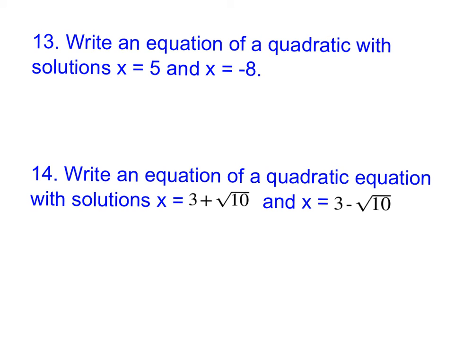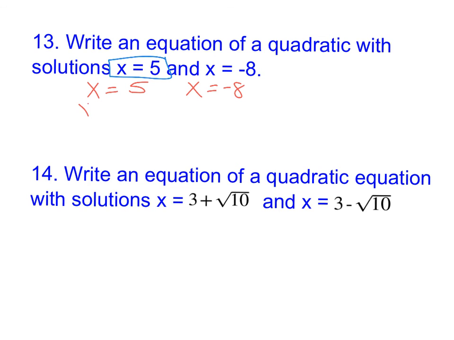All right, last one. Write an equation of a quadratic with solutions x equals 5 and x equals negative 8. All right, so if we're writing the equation, if x equals 5, what was the factor? So remember, think about going backwards. Normally, to go backwards, we get 0 on one side.